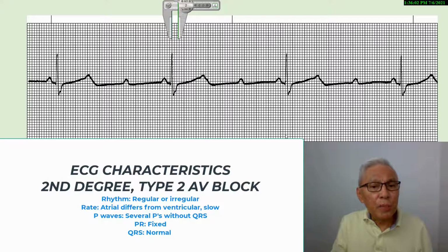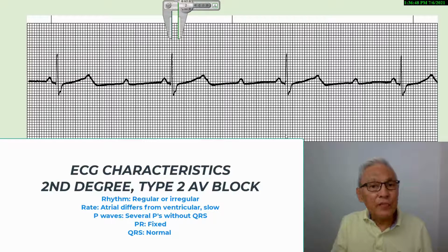In this particular strip, we see that there are 3 P waves for 1 QRS complex, leading to a 3:1 conduction ratio and maintaining a regular rhythm. The rate is slow, which gives us a clue that this is a more dangerous rhythm because it has the potential for decreasing the cardiac output to a large extent.